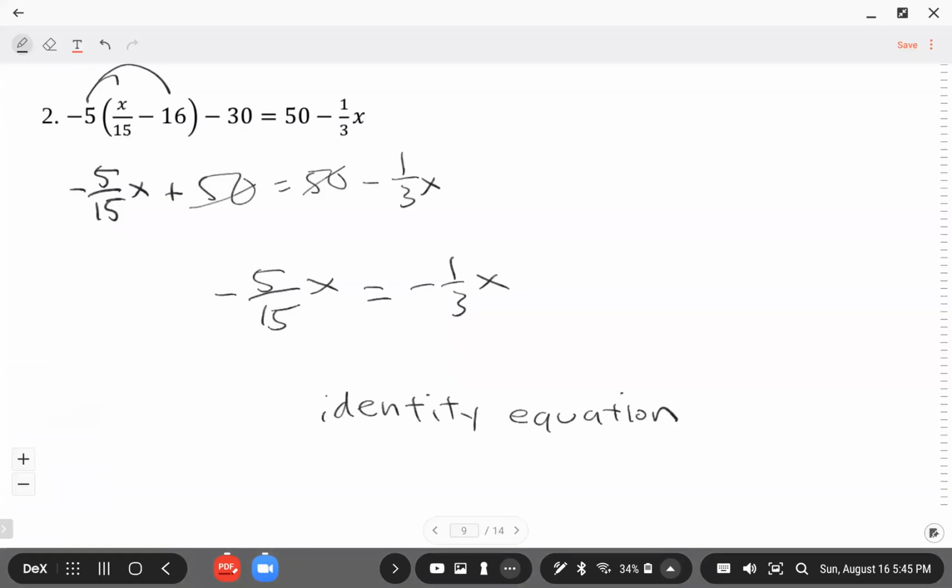Actually, I simplified the 30 already because negative 5 over here multiplied by negative 16, that equals positive 80, and then minus another 30. I just simplified it to 50 real quick. Okay, so I did not forget that 30.